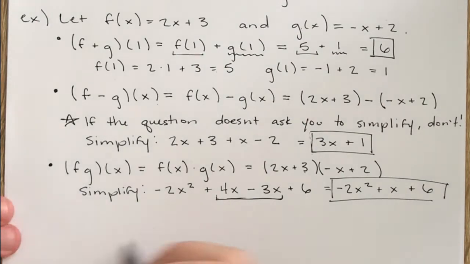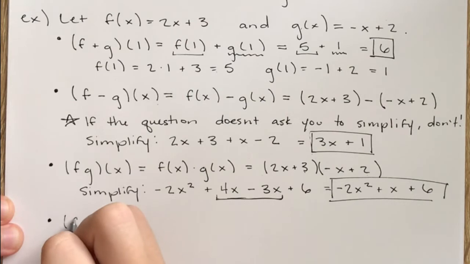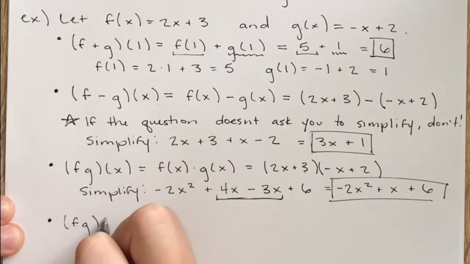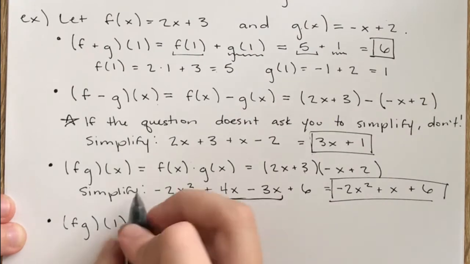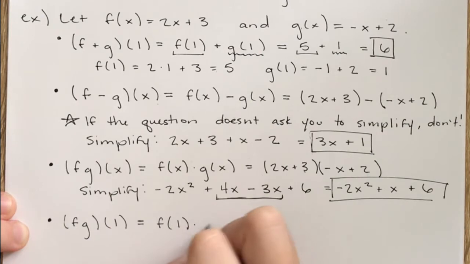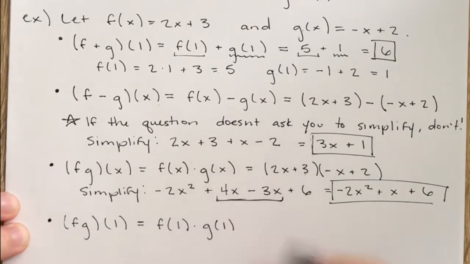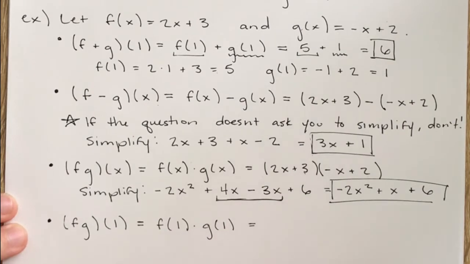Okay, now just to tie it back and see how this can be used, let's say I had asked for f times g of 1. Well, our formula says that this is just equal to f of 1 times g of 1, right? How can we figure out what this is equal to?